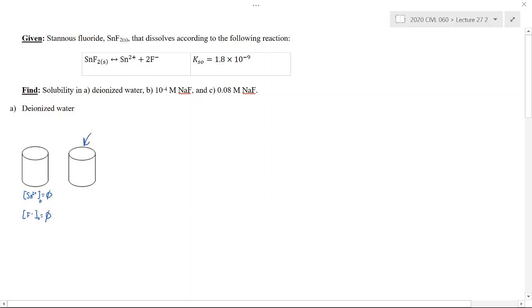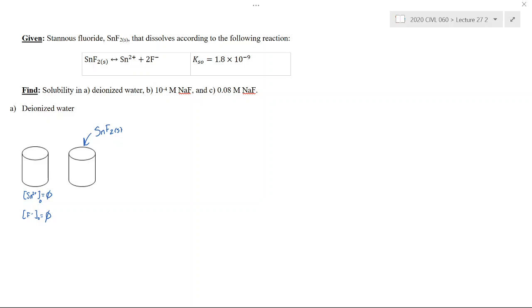And then I'm going to add stannous fluoride, one molecule at a time, miraculously, until the solubility limit is reached, such that if I were to add another molecule of the stannous fluoride, it wouldn't dissolve, but it would stay as a solid, be a precipitant in the solution. So that's my solubility limit.